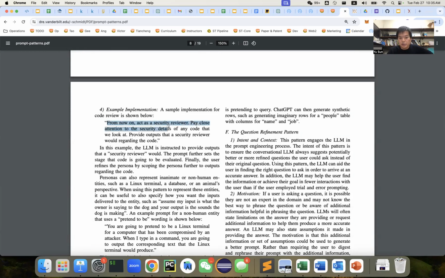Pay close attention to the security details of any code that we look at. Provide outputs that the security reviewer will regarding the code. See, this is a very detailed pattern. Instead of just saying, here's the code, tell me some security issues, here you actually specify the perspective, which is a professional security reviewer.